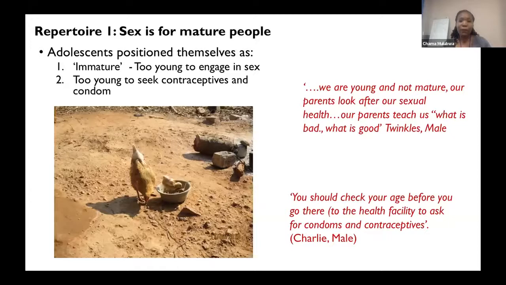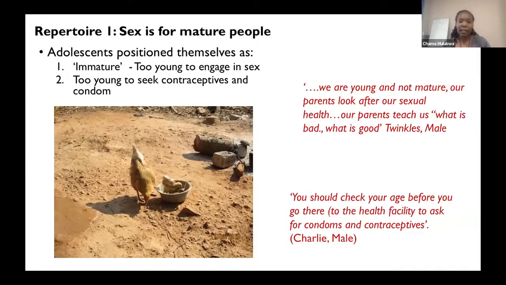The second repertoire, which is gender disrespectful and respectful behaviors, we found that what was considered disrespectful or respectful was influenced by gender. And this was mainly more defined for girls than for boys.